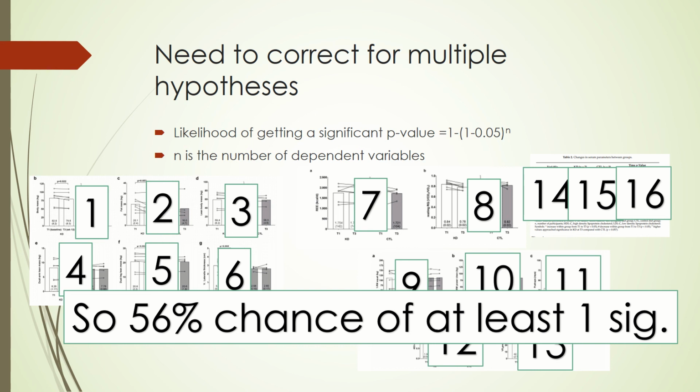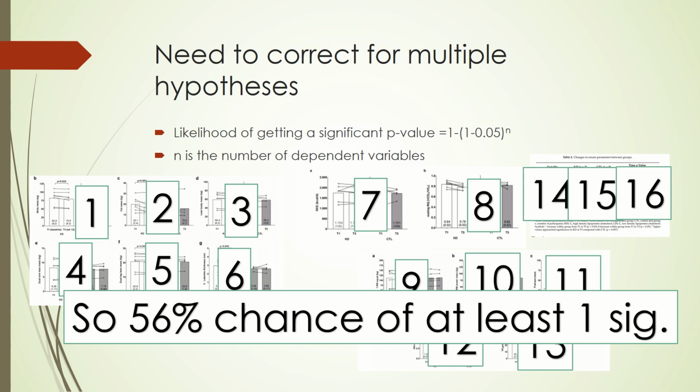Okay? So what I'm saying is most of the time whenever research says that they have significant findings, they did not correct for multiple hypotheses, because there's basically never a study that gets published where there's only one hypothesis or one dependent variable, right?